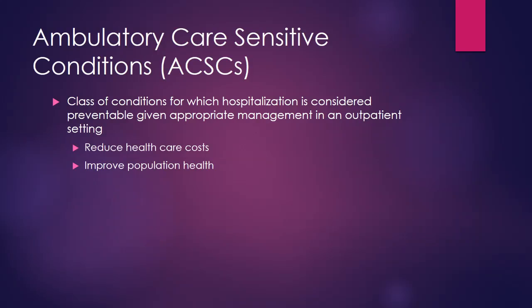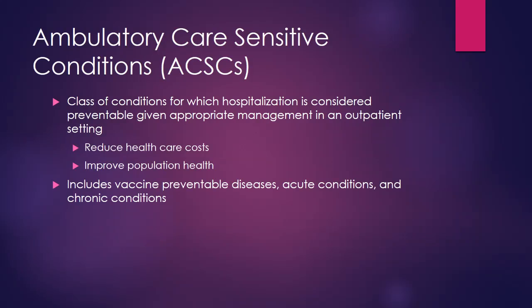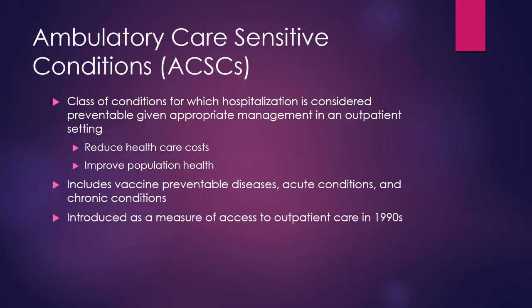So these have been associated with lower healthcare costs and improved population level health. And the kinds of things that fall under the classification of ambulatory care sensitive conditions are vaccine preventable diseases, acute conditions, and chronic conditions. So within each of these 3 categories, there are ambulatory care sensitive conditions.